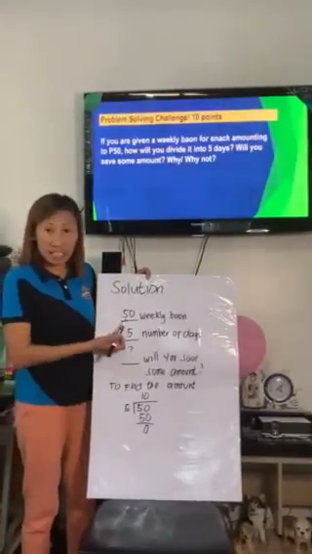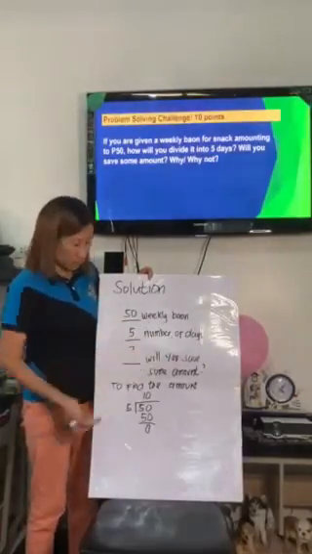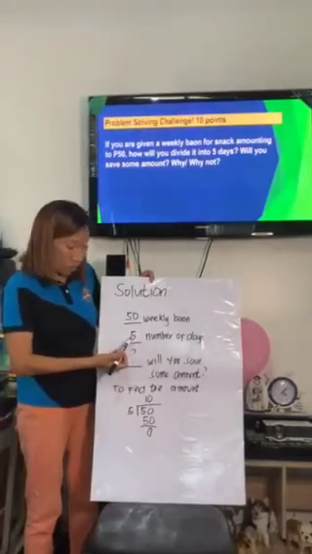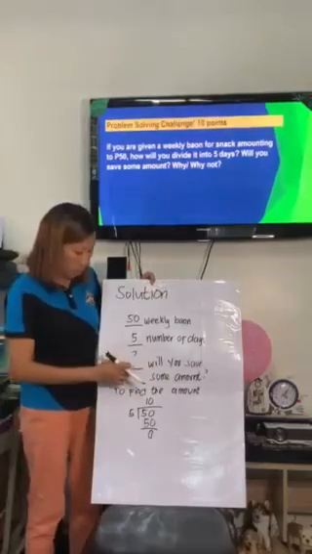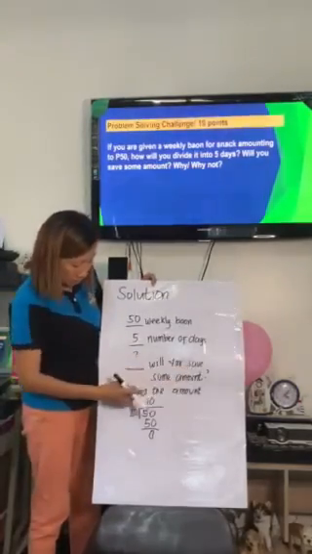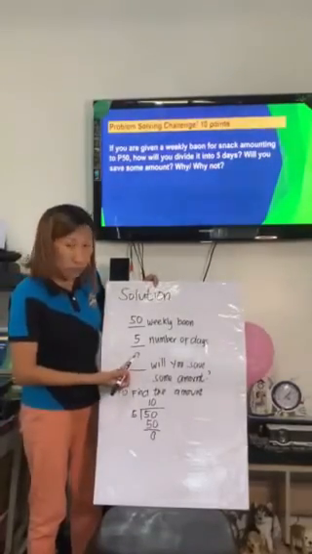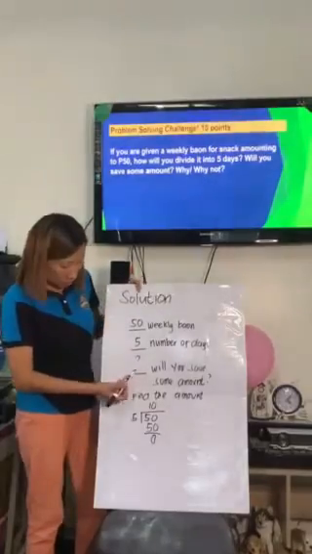Class, this is the solution of the problem. We have here the given number, which is 50 pesos, the weekly baon. And then we have the number of days, which represents 5 days. The question is, will you save some amount? So we have to find what amount is represented here.